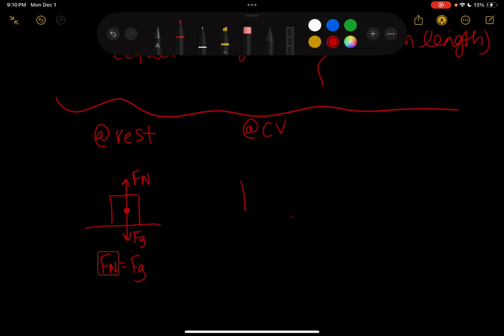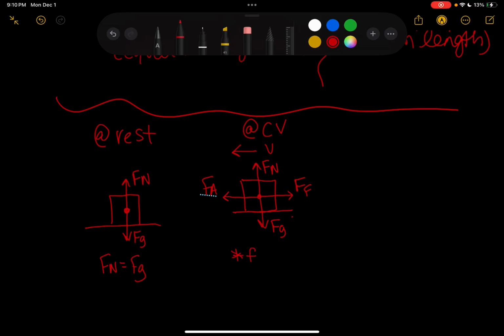If you're constant velocity, okay, so again, my object on a flat surface, let's say that we are moving to the left. Okay, still I'm on a flat surface, so I have the force of gravity pulling me down, and I have the normal force pushing me back up. Because I am moving to the left, I know that my applied force is going to be to the left, and my force of friction has to be to the right, because friction opposes motion.